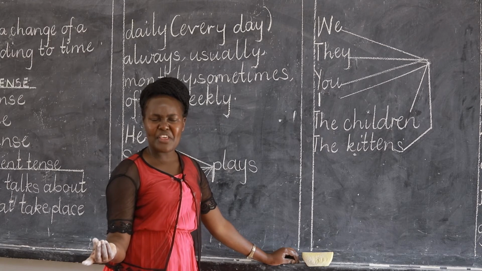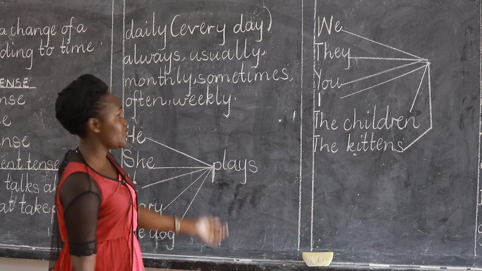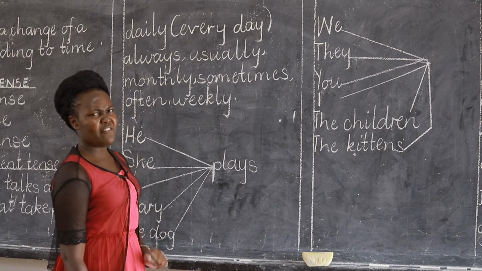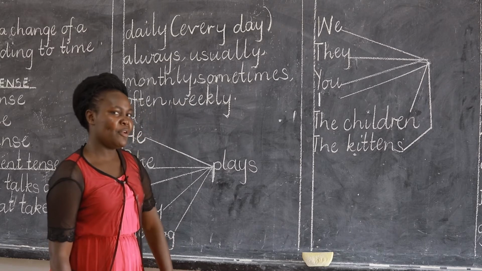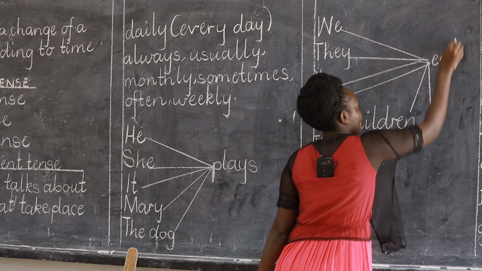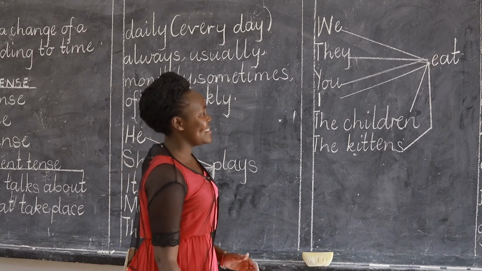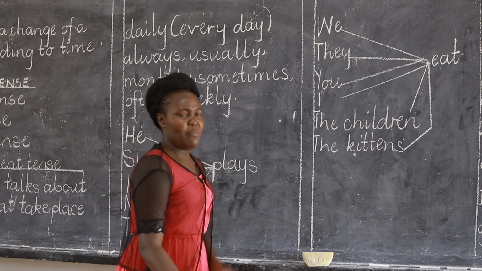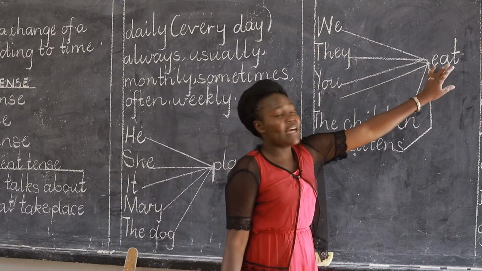Which verb can you think about? Here we had play, and we said play changes to plays. Which other verb? I don't want to use the same. Let me say eat. I know many of you love eating. So this is our verb. And mention other verbs. It's okay. As I say it, include another verb. So here, the verb doesn't change.